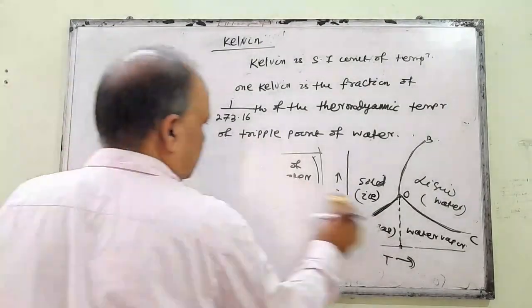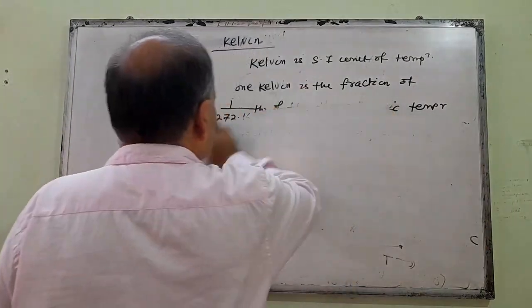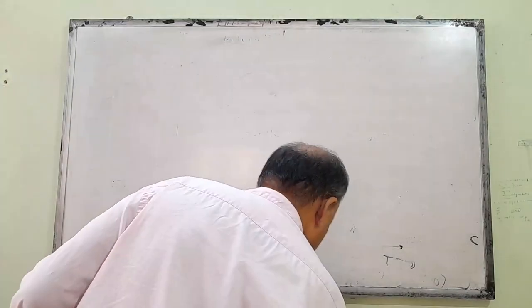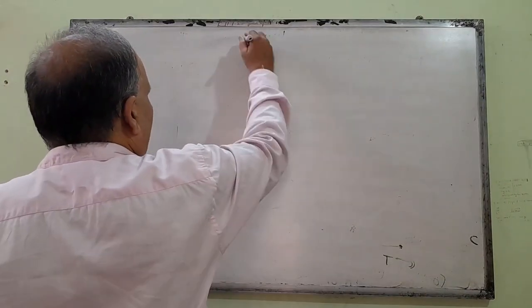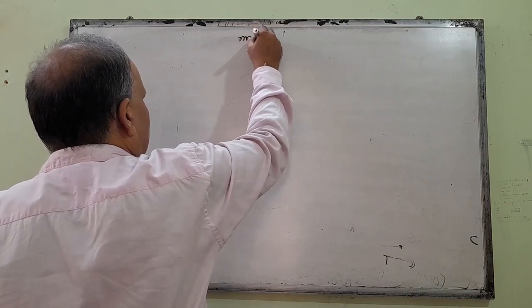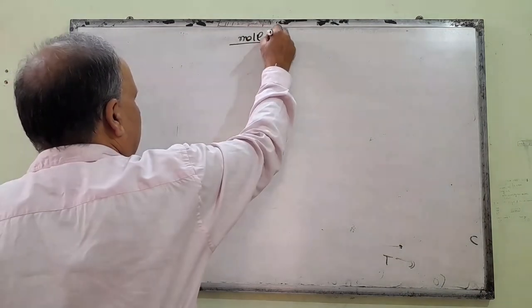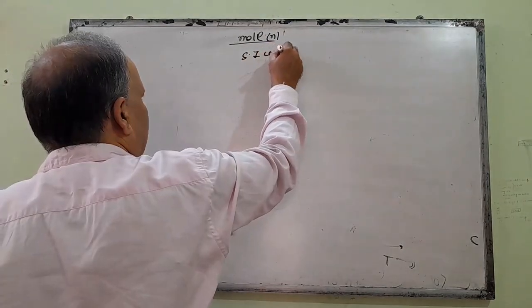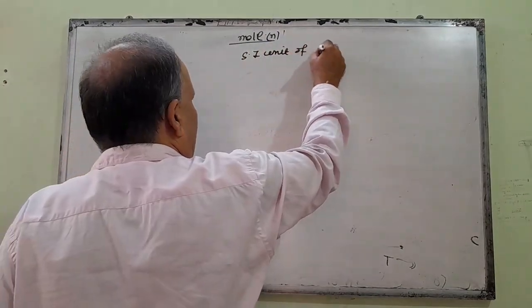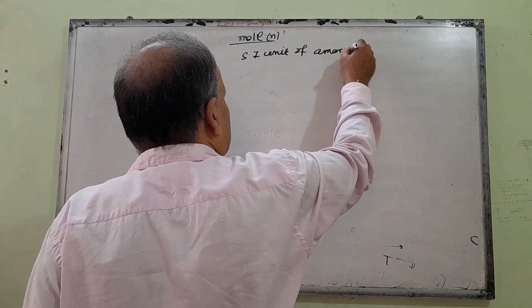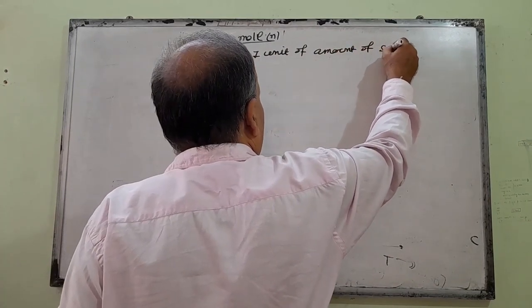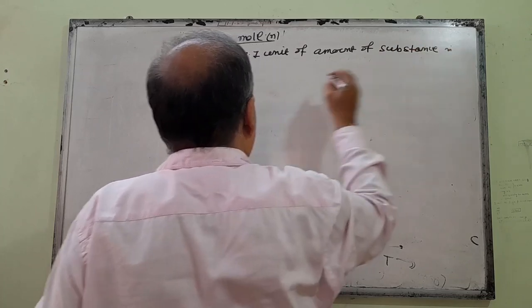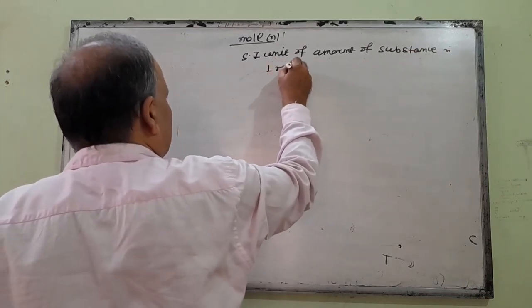Next, come to the mole. The SI unit of amount of substance is 1 mole.